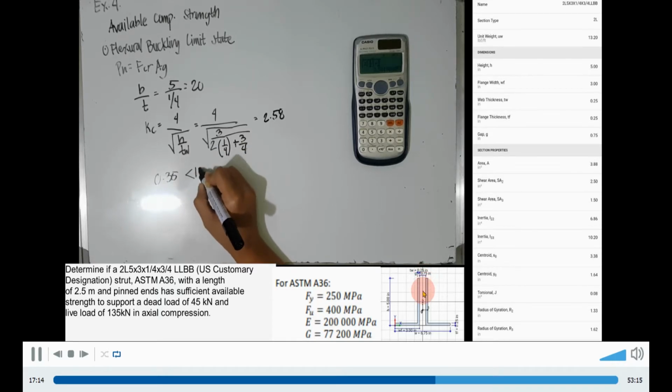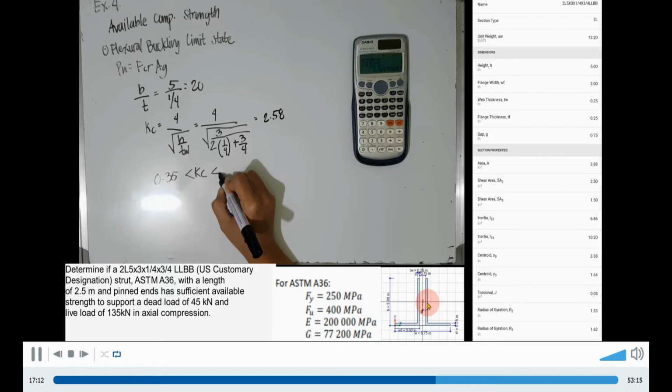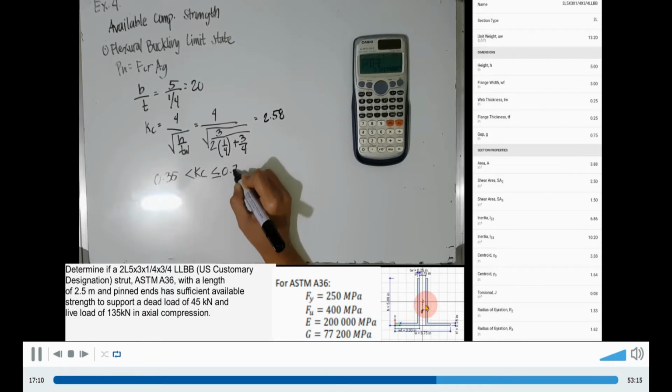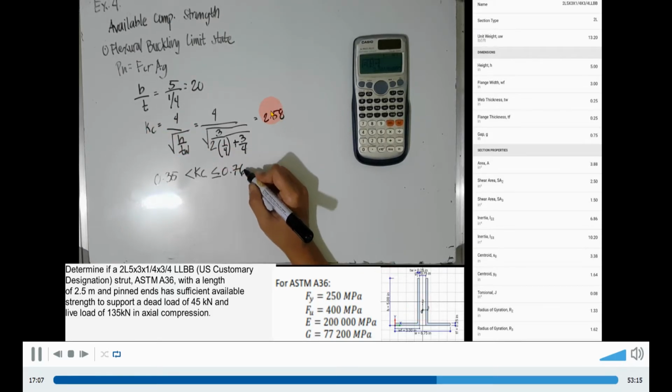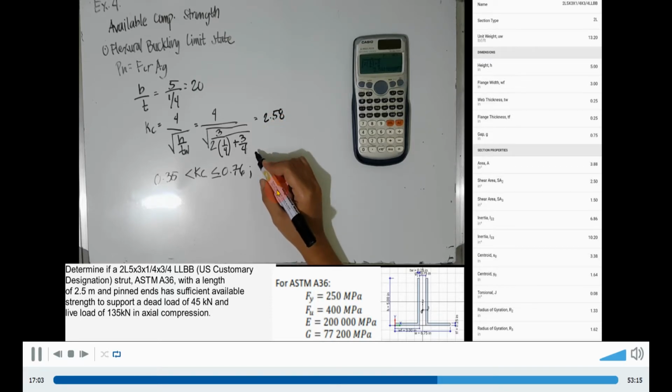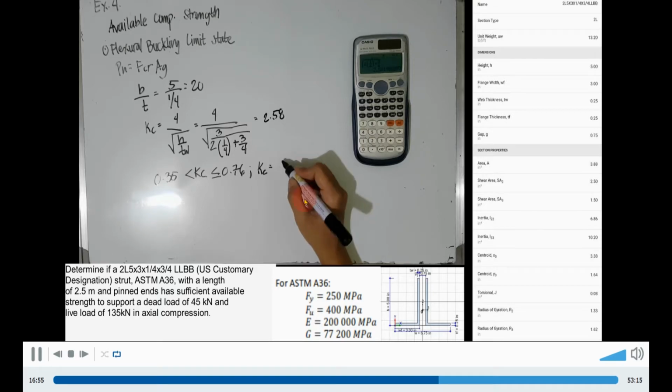And now limit must be within 0.35 to 0.76. But our KC is 2.58. So we will use the coefficient of slender and stiffened element as 0.76 kasi hindi naman siya pumasok sa limit natin.